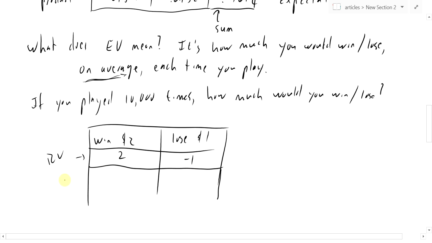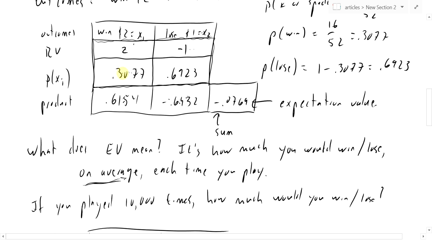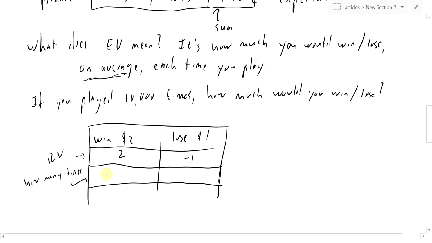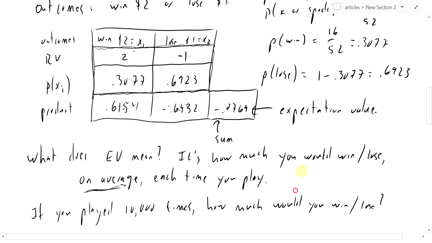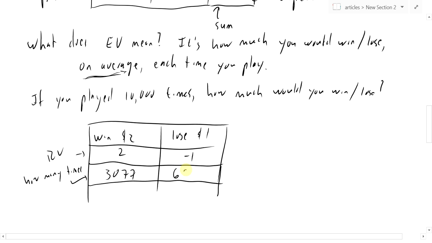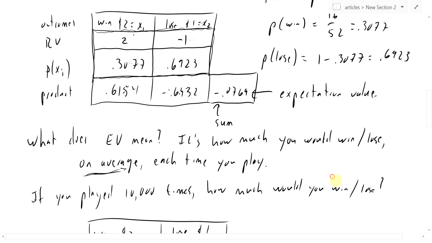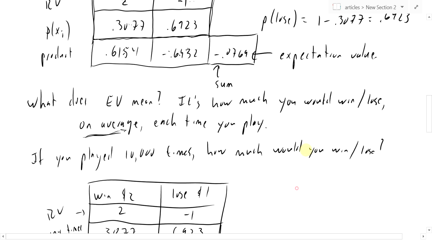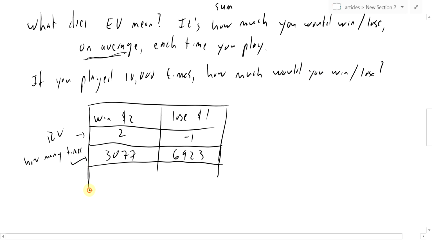So how many times goes in the next row? If you play 10,000 times and you win this percent of the time, you win 3,077 times, and you lose 6,923 times. So 10,000 times 0.3077 tells you how many times you'd win or lose.